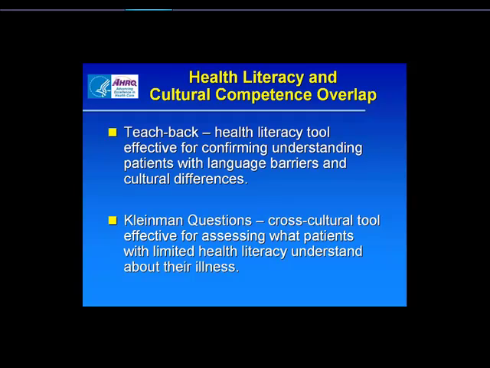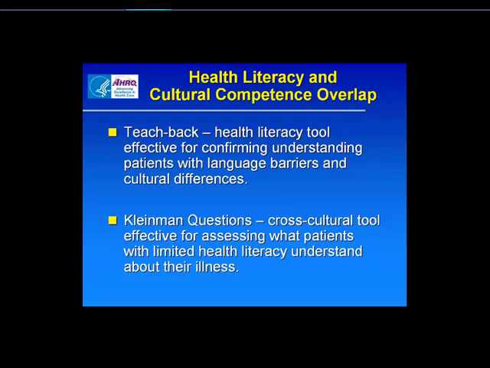Similarly, cultural competence techniques can be used successfully for improving communication with patients with limited health literacy. So, for example, there are questions called the Kleinman questions that ask patients what they think their illness is, what they think caused it, and what kind of treatment is going to work.